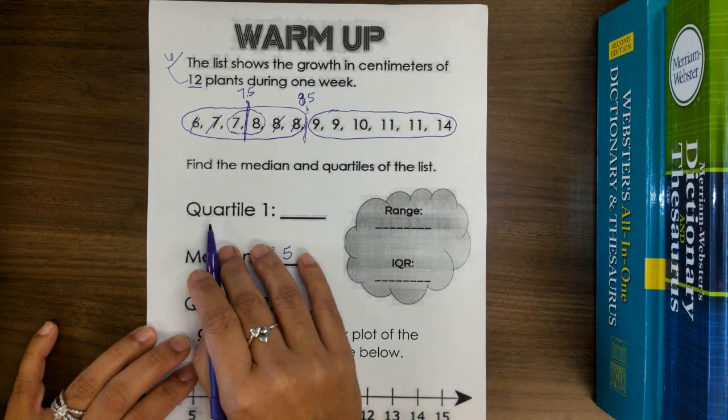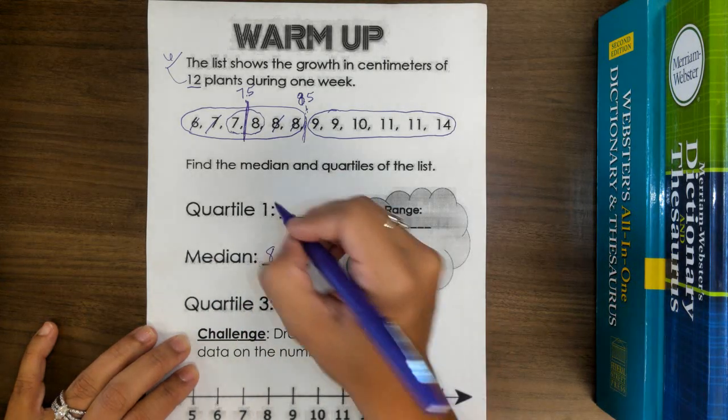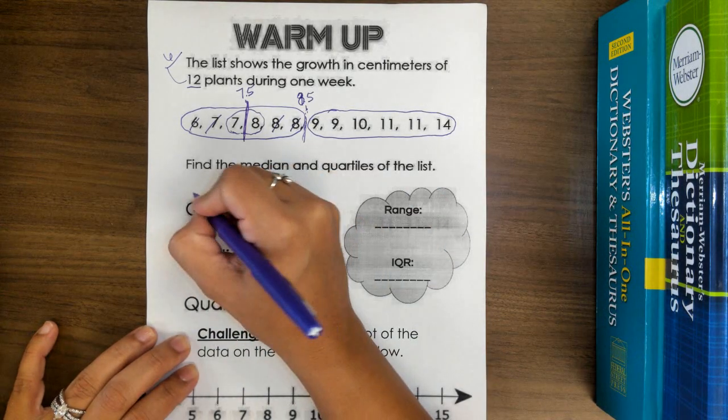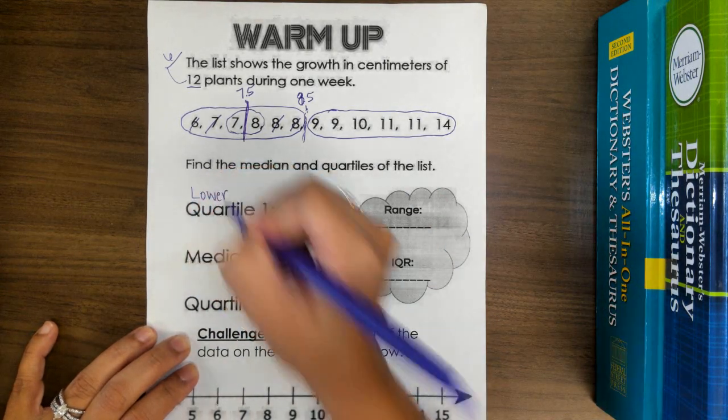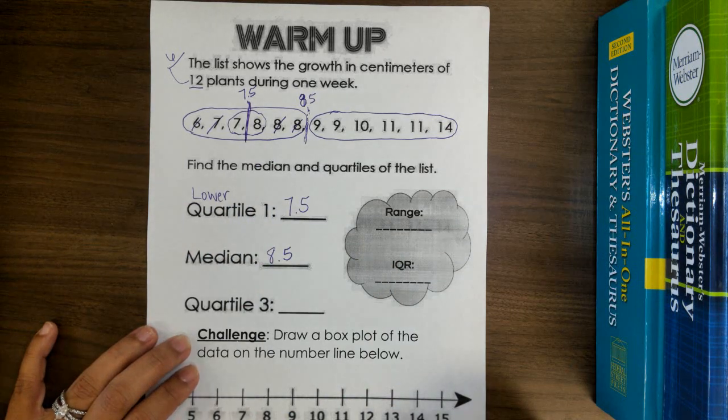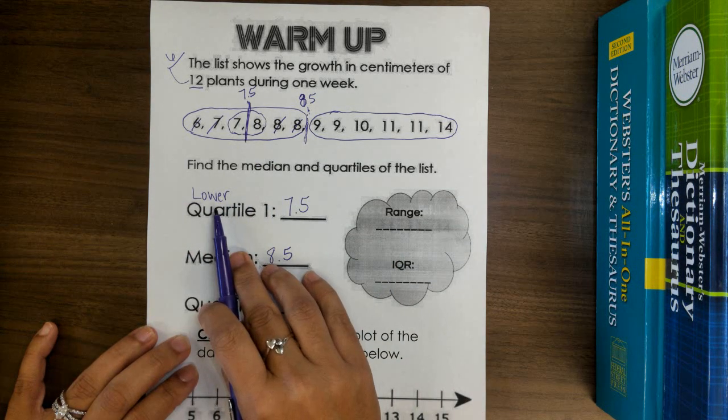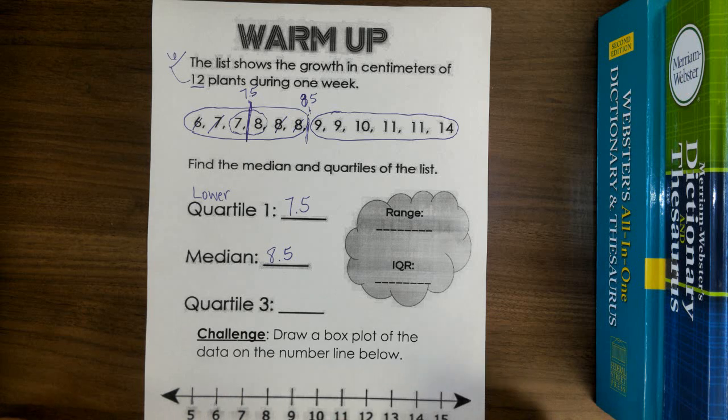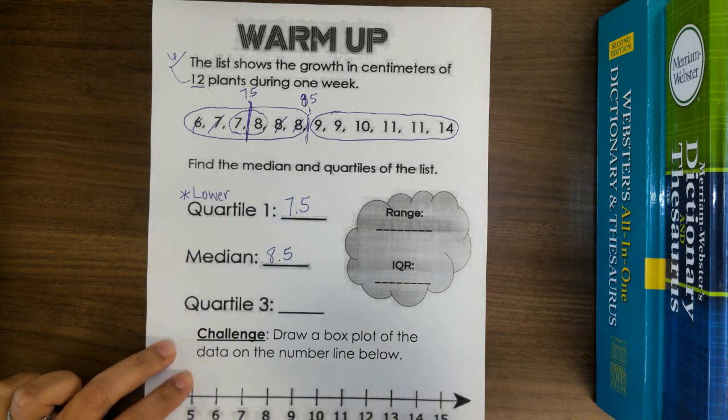And this is what we say is quartile 1 or Q1, but it's also known as the lower quartile. The reason it says lower is because usually it has a lower value. It's on the lower end, right? Because it's always from least to greatest, so that's what we call our lower quartile. Okay, so make sure you write that right there just in case.